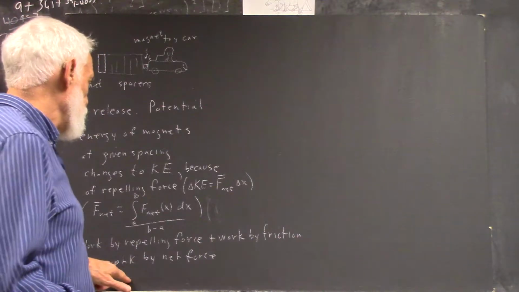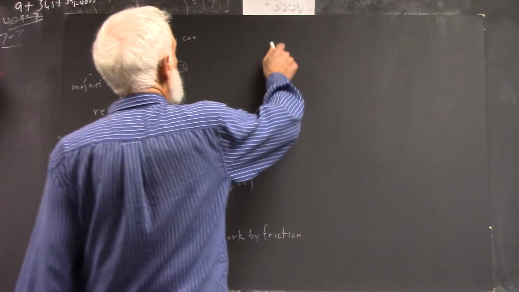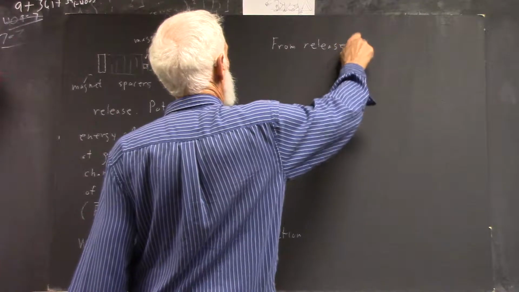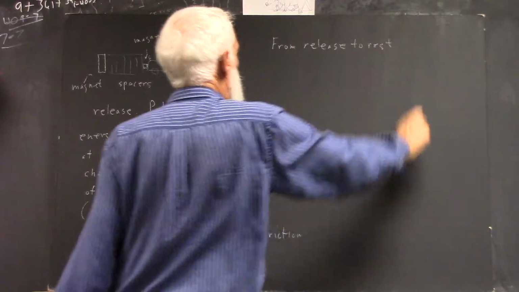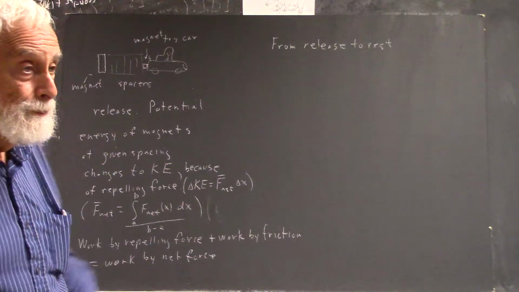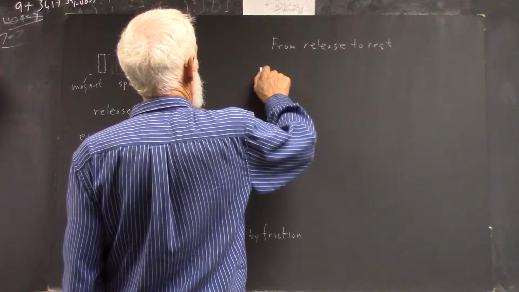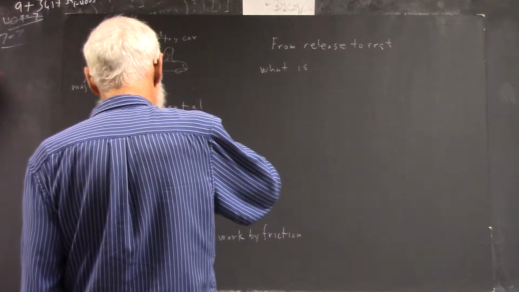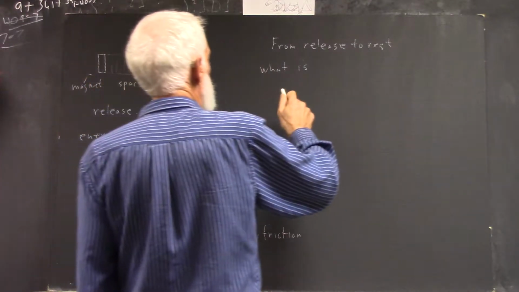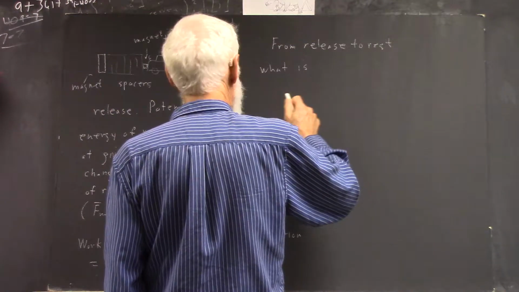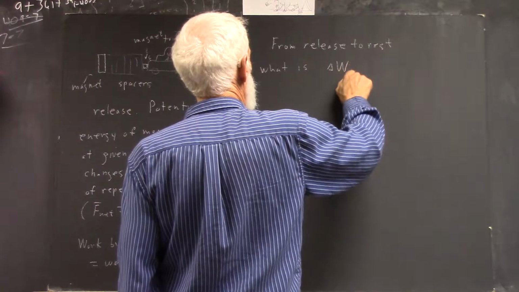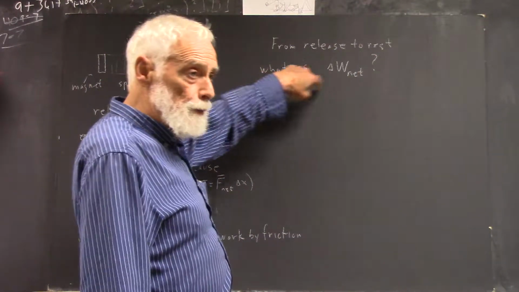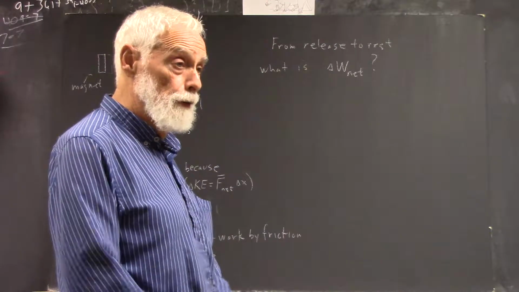But what we're looking at now here is, okay, from release to rest, on the interval from release to rest, what's the work on that interval? The work done by the net force on that interval.